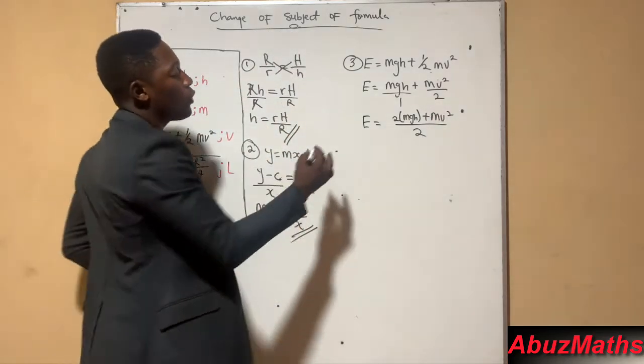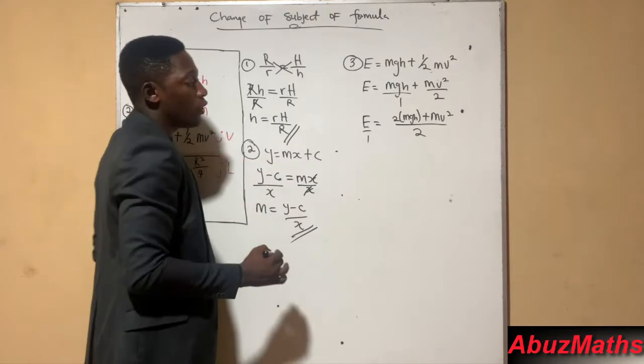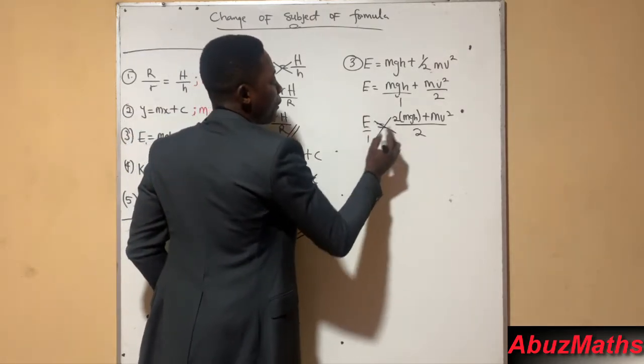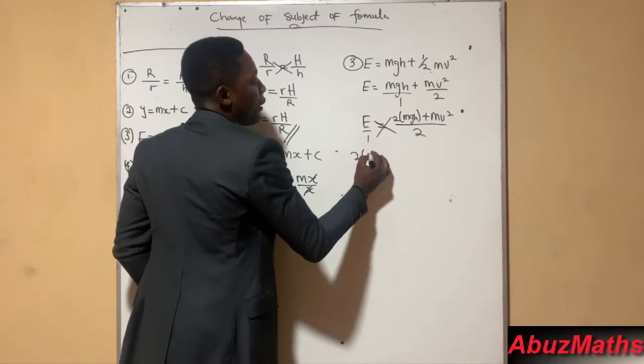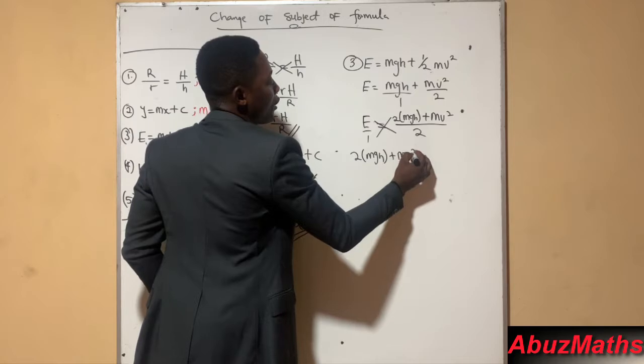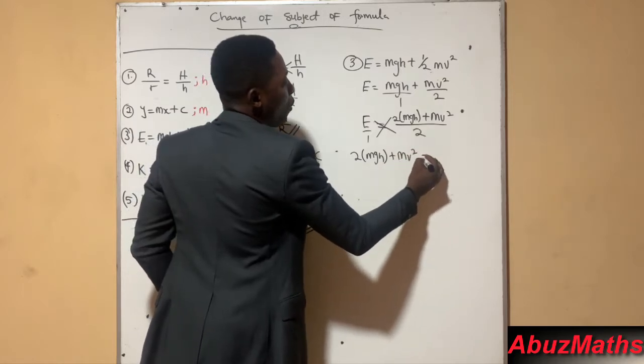Now I have an equal sign between two fractions, so I cross multiply.